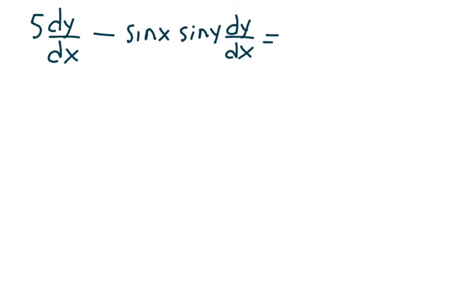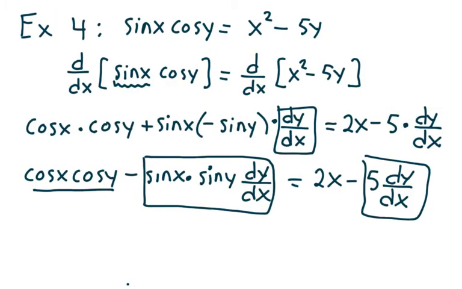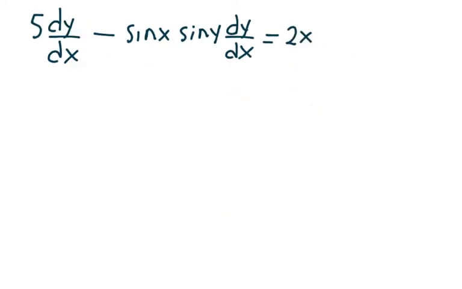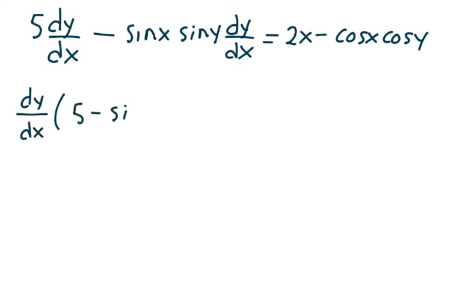And on the right side, we get 2x minus cosine x cosine y. So if we factor out a dy/dx, I get 5 minus sine x sine y equal 2x minus cosine x cosine y.